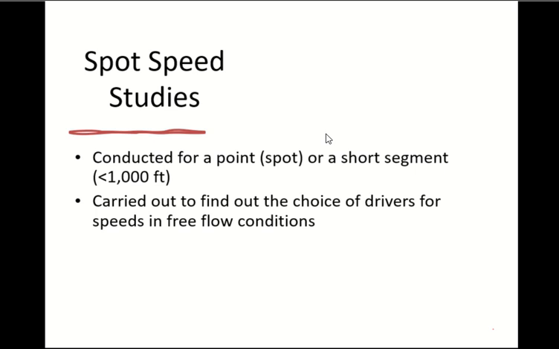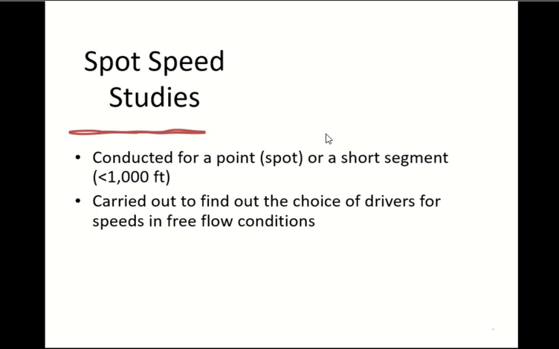We discussed the free flow speed in the first chapter as well. Free flow condition means that you are so far away from the other vehicles that you are not considering them when you select your speed. You just look at the road, whether it's a big road or a small road, and whether I am going up the gradient or down the gradient, so my speed should be this much for my own safety.